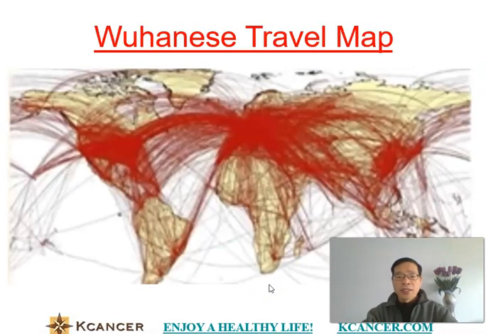First of all, let's look at this map. This is actually a travel map. As mentioned earlier, this virus caused such a huge, rapid epidemic because of the right time and circumstances.